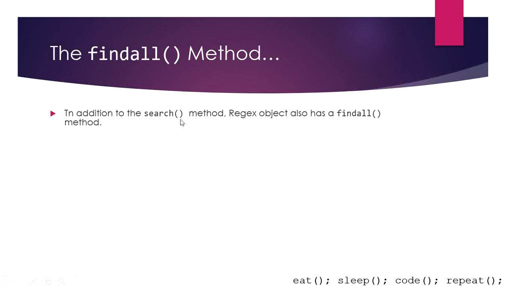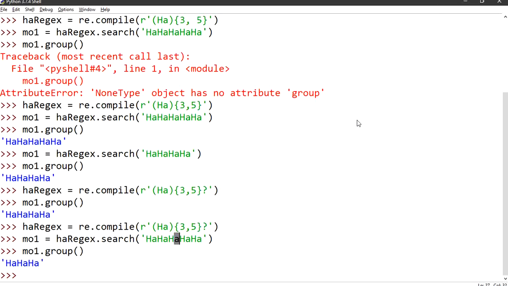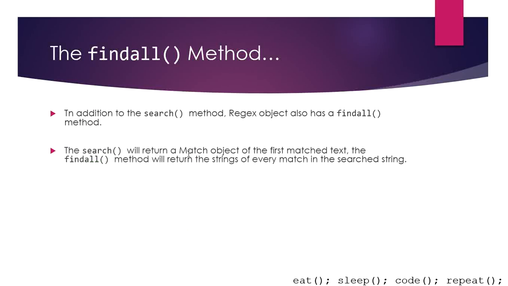In addition to the search method, regular expressions also have the findall method. Search looks for only the first occurrence, but the findall method returns the strings of every match in the searched string. We will see an example.